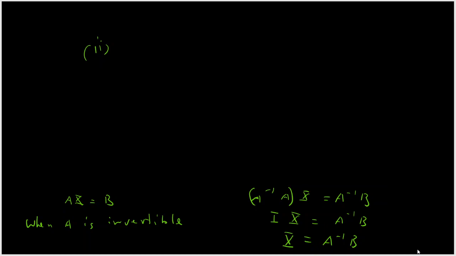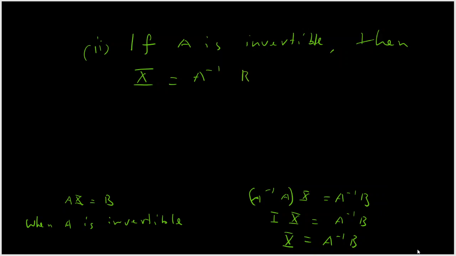Now the second conclusion. I'm writing the second conclusion. The second conclusion is if A is invertible, then X is the inverse of A times B. So what is that?